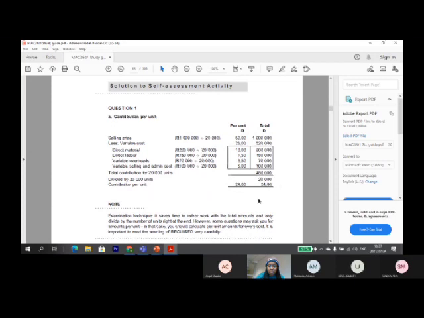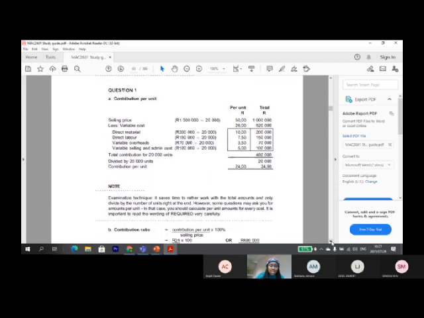So you divide it by units, and then you get your 24 rand. So here the exam technique is that it saves time to rather work with total amounts, which is the approach that she used, which is correct. You work with the total amount and then thereafter divide, because imagine if you had to do 1 million over 20.